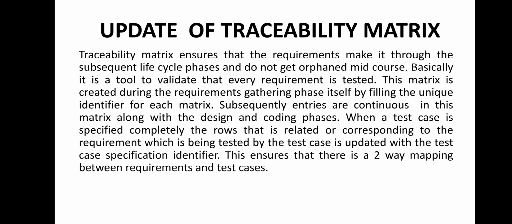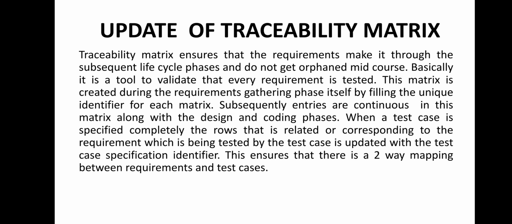Whenever there are some changes, we make the changes accordingly on the basis of this unique identifier. Subsequently, the rows corresponding to the requirement being tested by the test case will be updated again and again with the test case specification identifier. The main thing is the identifier. That means if anything is related to a particular test case, it will be updated by the test case identifier. Okay, so here two-way mapping will be there between requirements and test cases.